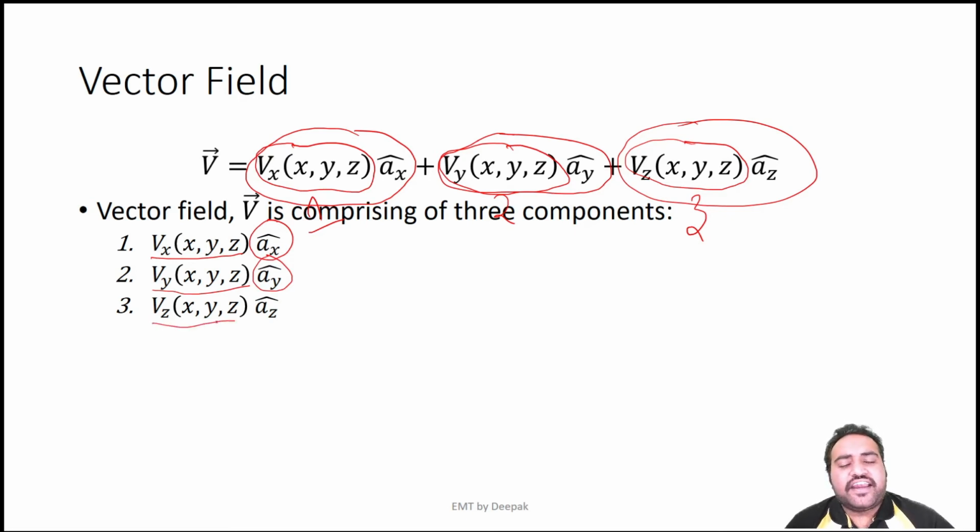Similarly, Vz is varying with space, whereas Az cap is not varying with space. You may look at the concepts of unit vectors if you have to understand why Ax cap, Ay cap, and Az cap are not changing with space, because they are called universal unit vectors.